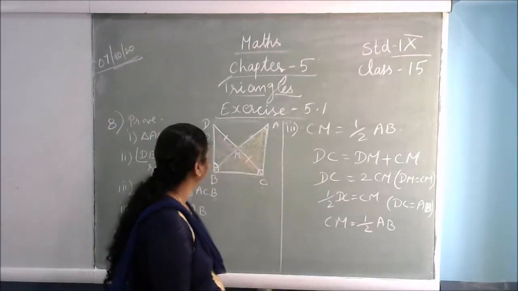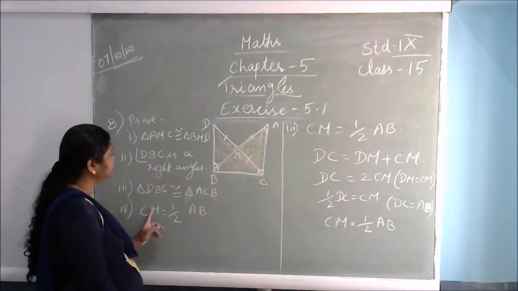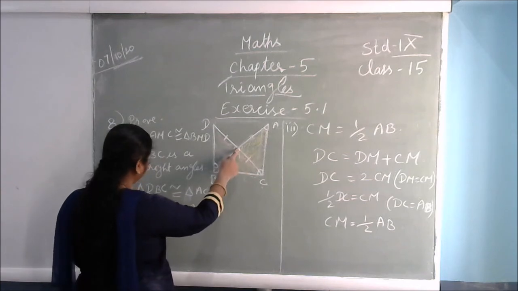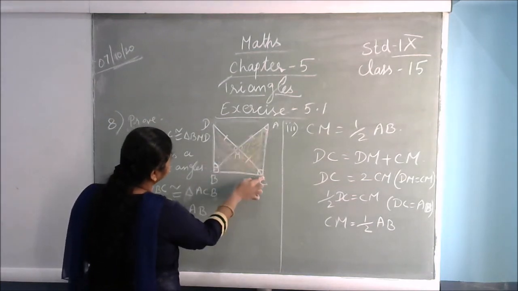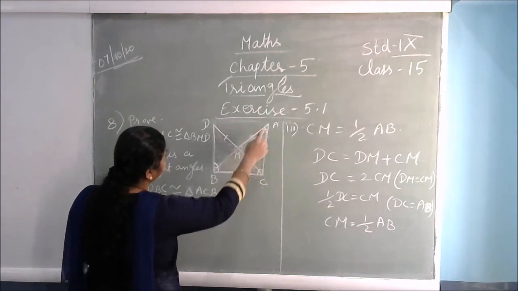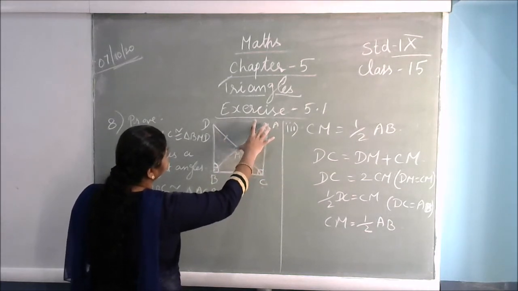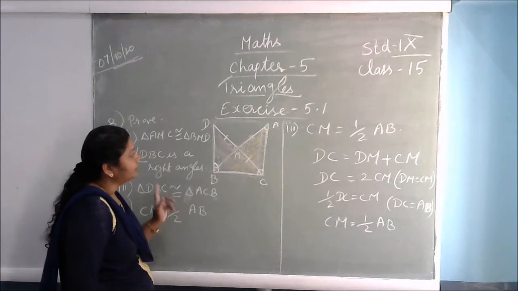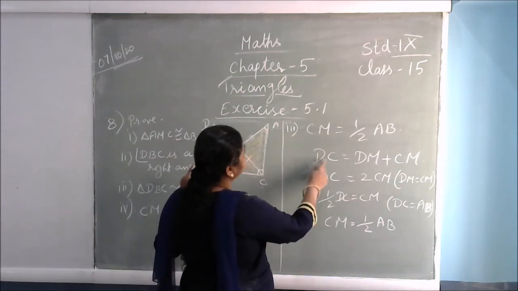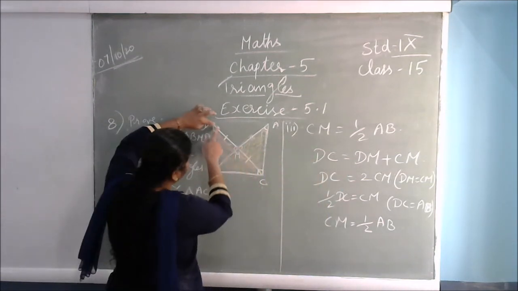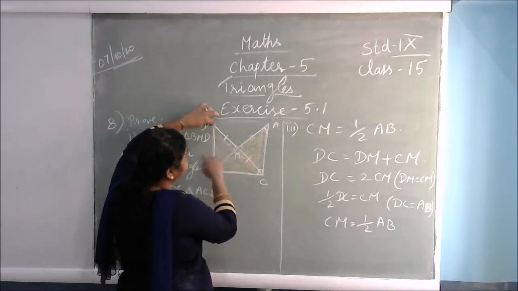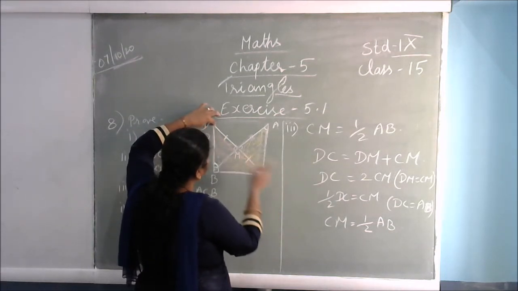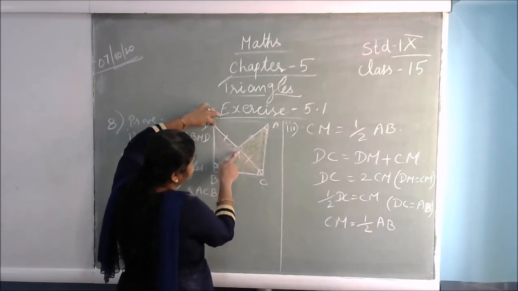The fourth one is you have to prove CM is equal to 1 by 2 of AB. CM is one part of AB, and you have to prove it. First, DC: this full line segment we will take. In DC, how can you separate the DC? DM plus MC you can say.